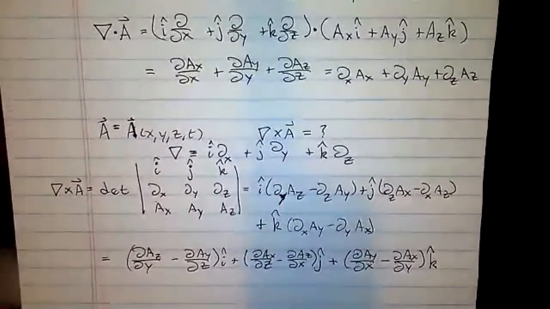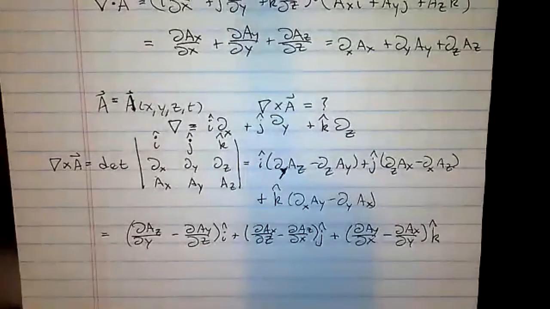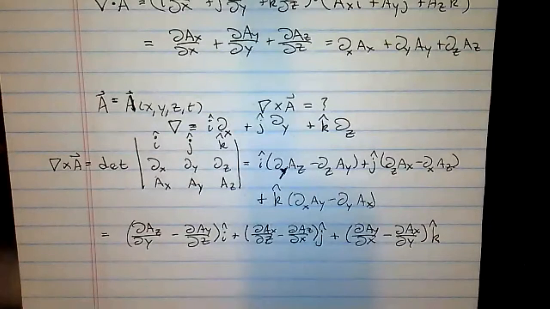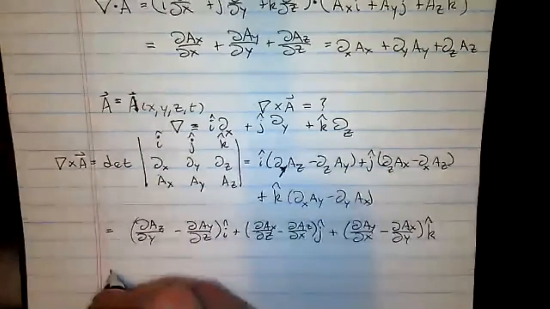So that's it. That's the gory formula for the cross product of the del operator with the vector field A, and it's also called the curl of A.